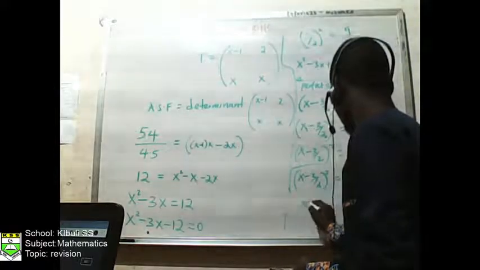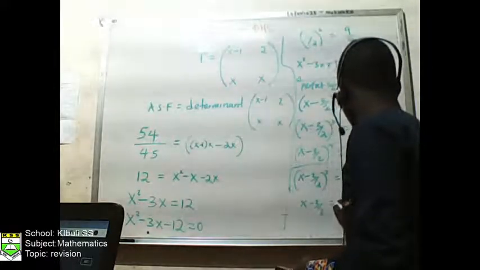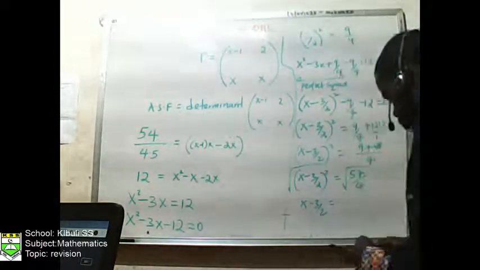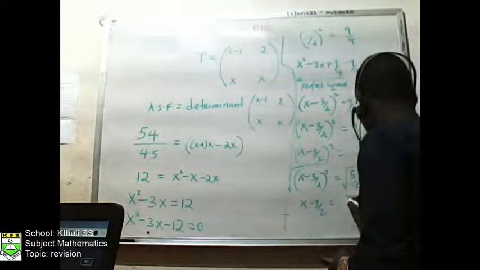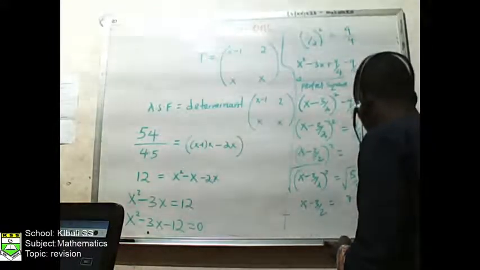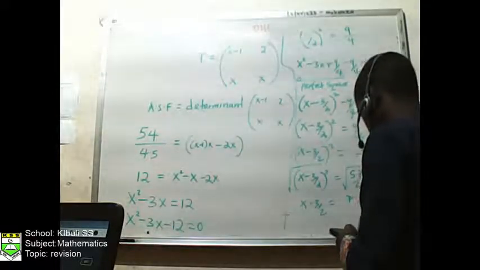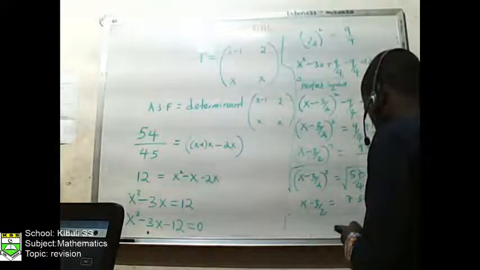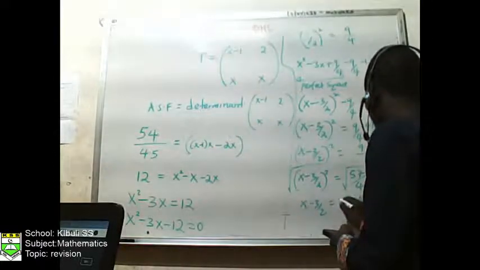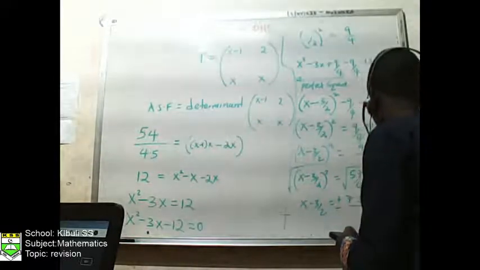So x minus 3 over 2 is equal to the square root, plus or minus 7.5498 over 2.